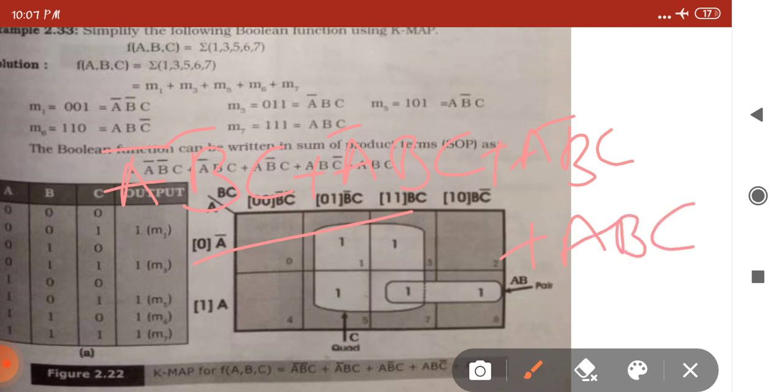One by one you have to simplify this. ABC. How can we do that? One more pair is ABC bar. AB is common, C bar, this is AB will come. Plus AB is the answer, correct.